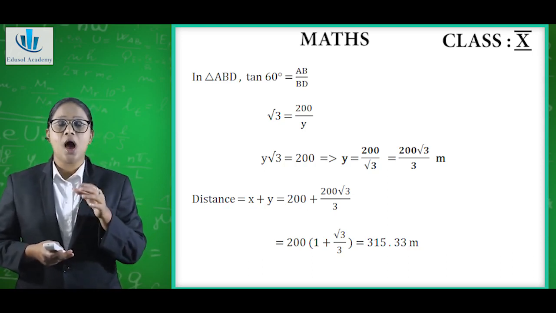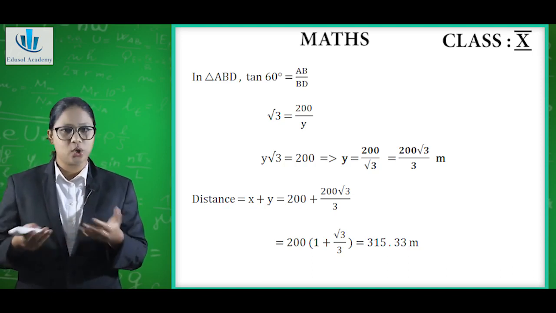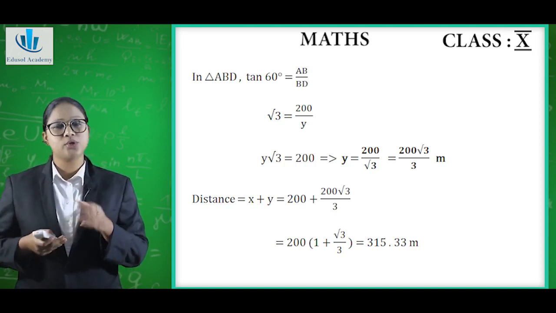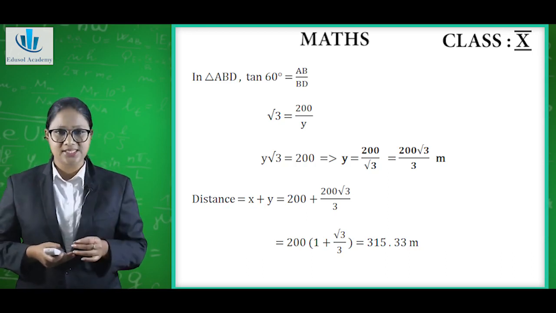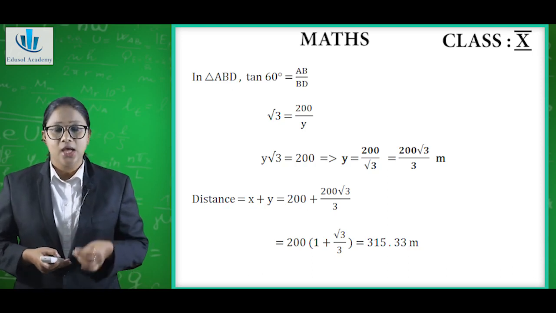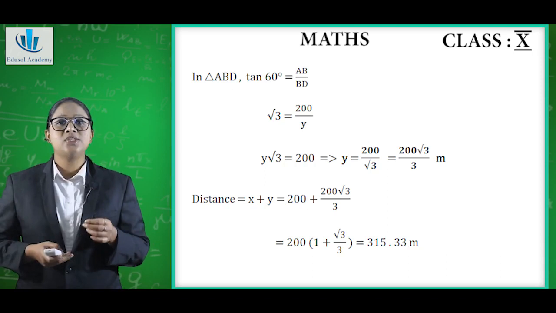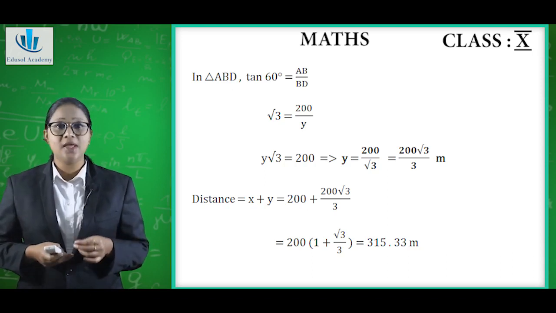Now whenever we are not given the value of root 3 as 1.73 or something, we have to use root 3 itself, and here you can see the value of y is 200 by root 3. You have to rationalize the denominator. Then we will get 200 root 3 by 3 meter.